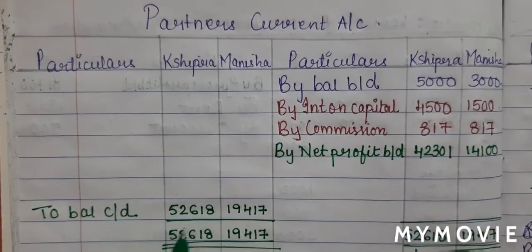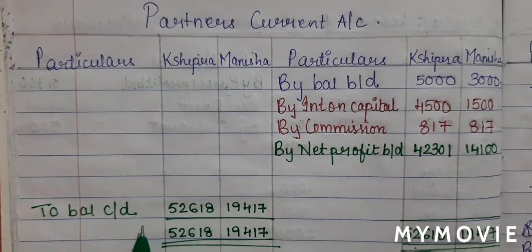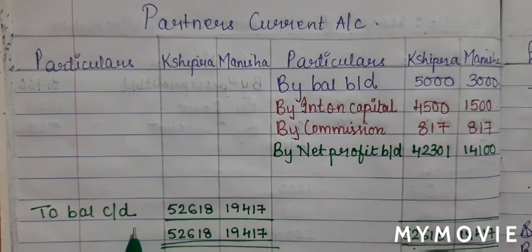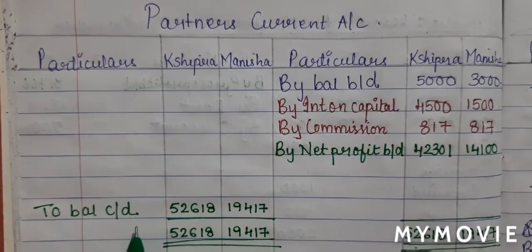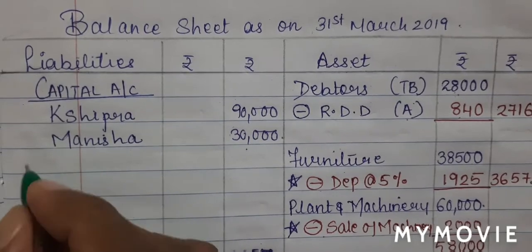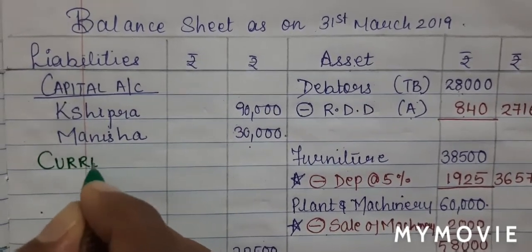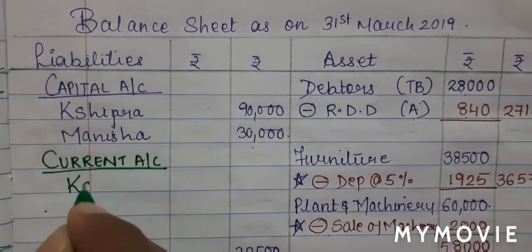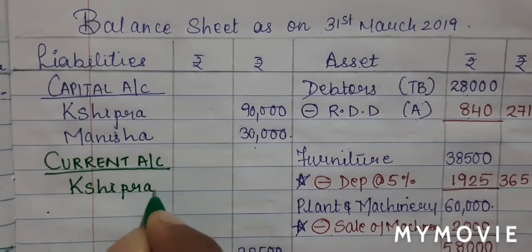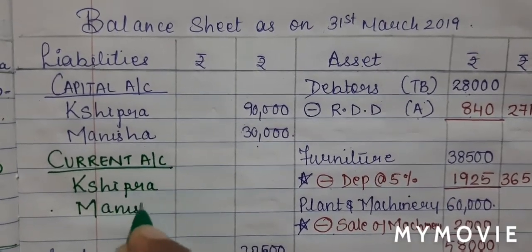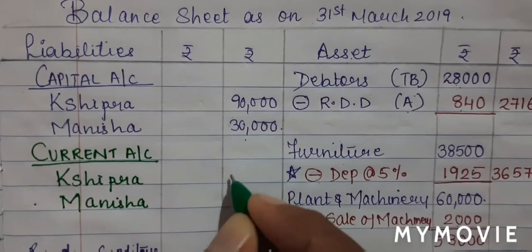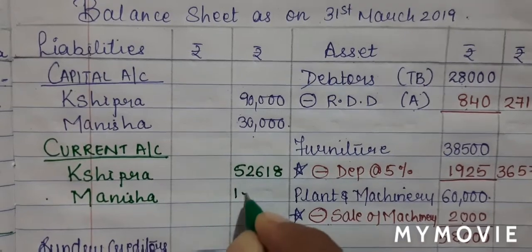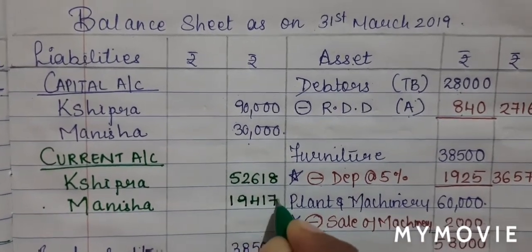So this is my current account balance, which is on my debit side, which will be now posted on to my credit side of my balance sheet, which is called as liability. So on the liability side, I will give the heading as current account, underline it, write the names of the partner, Shipra and Manisha. I can write the amount directly in the outer column. Shipra is 52,618 and Manisha is 19,417.